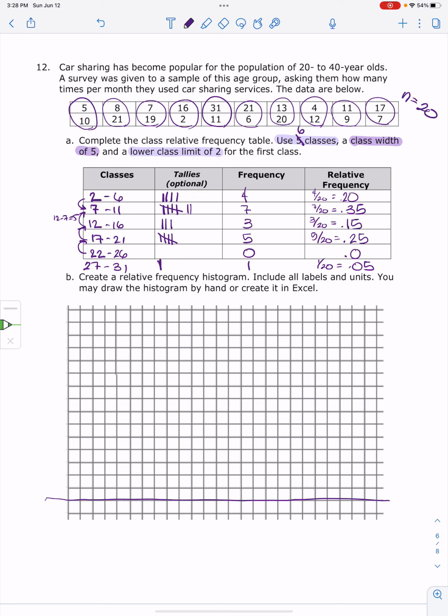And since we are not using Excel to make histograms, we are going to draw this by hand. I have odd starts to my classes, but in order to make this fit, I am going to go ahead and count by 2s.